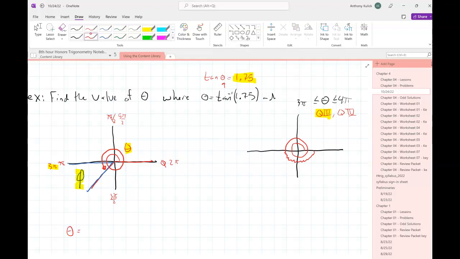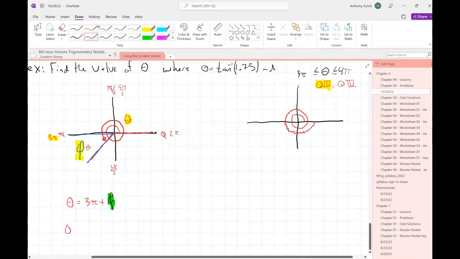So theta should equal 3 pi plus how much? Well, this angle phi. So all I need to do now is calculate how to find that angle phi. Everybody cool? Once I can do that, I can find theta.